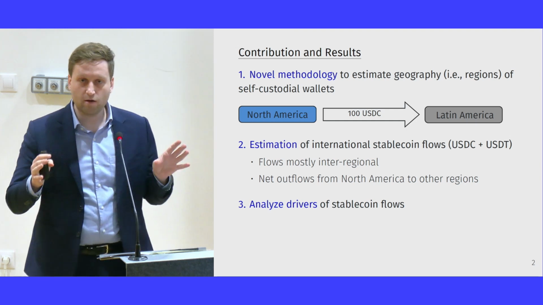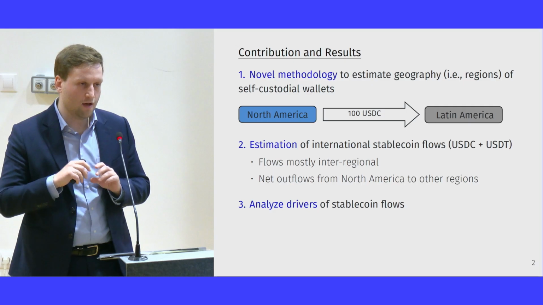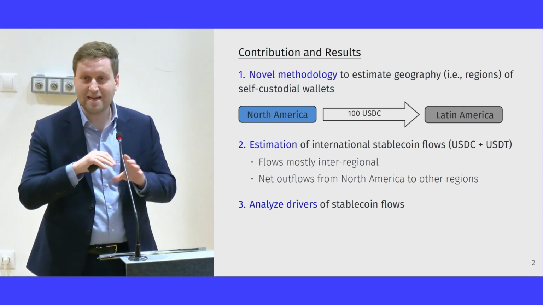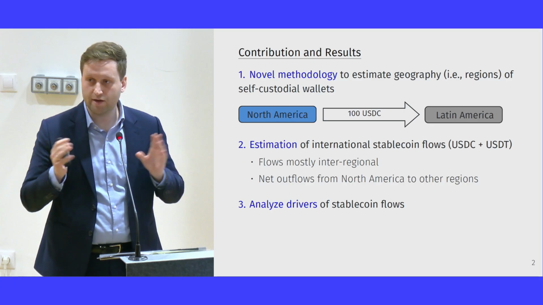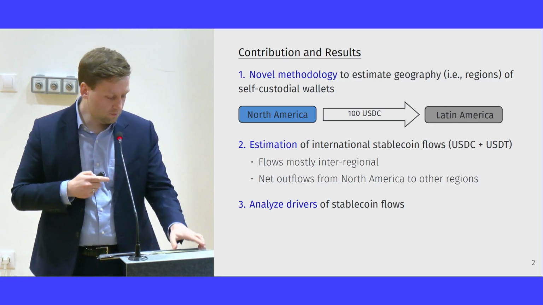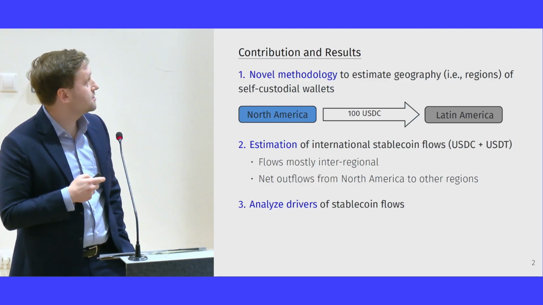When you net out the flows, the picture becomes very distinct: the stablecoin flows are net outflows from North America to other regions around the world.